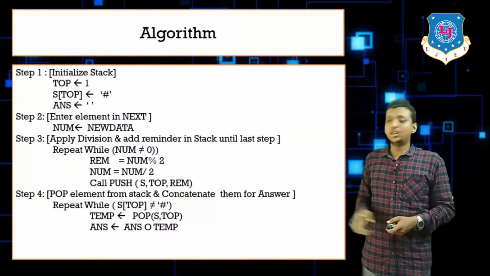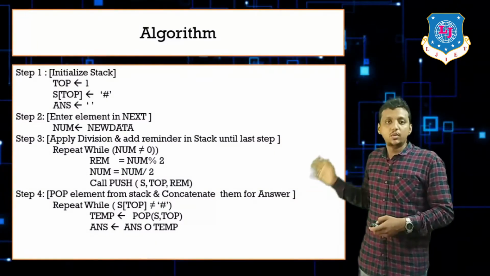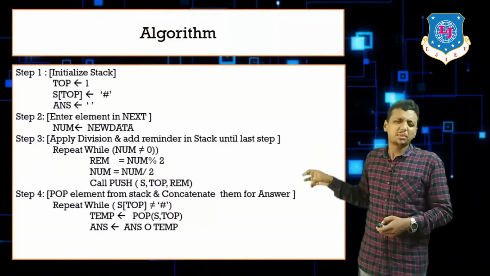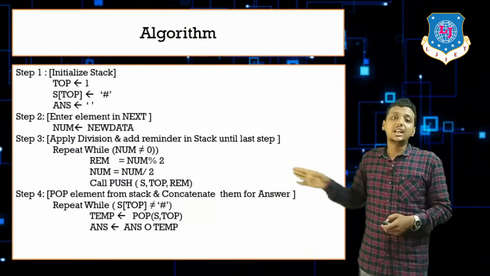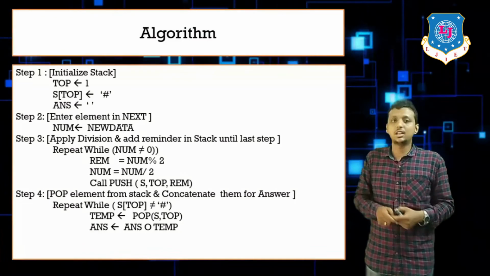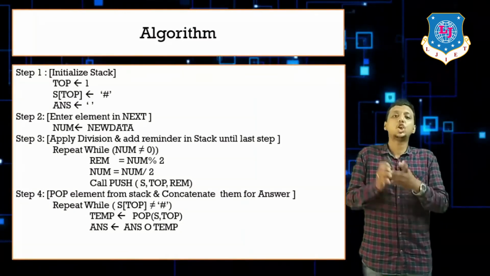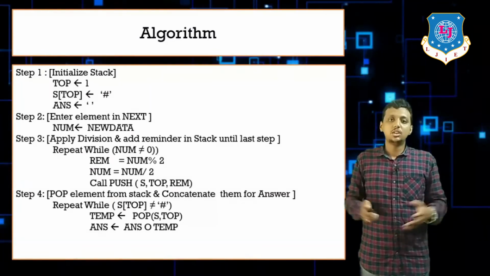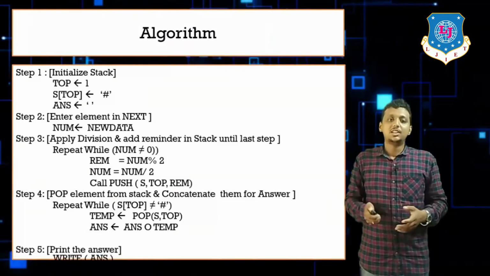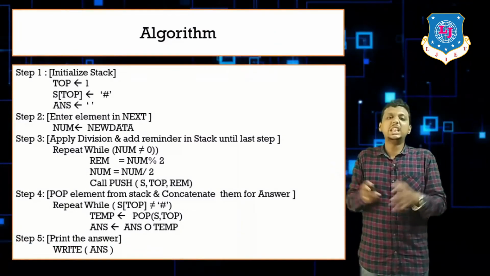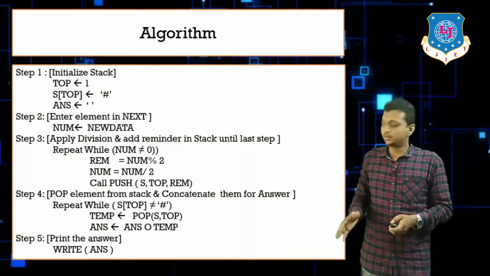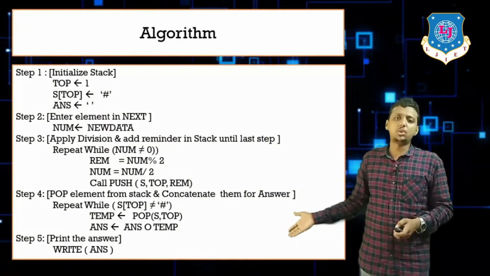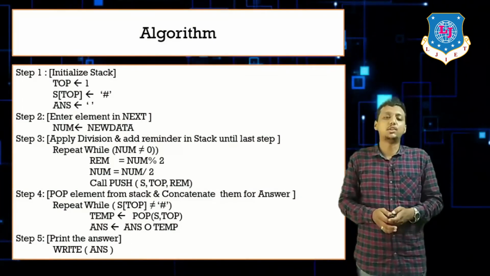Now temp arrow pop s comma top, whatever element I popped out from the stack is stored inside the temp and then appended with the answer. So answer is equal to answer concat temp. Okay, so that's it, students. This is all about the decimal to binary conversion algorithm. Now you just need to write down an answer and you will get whatever you want.